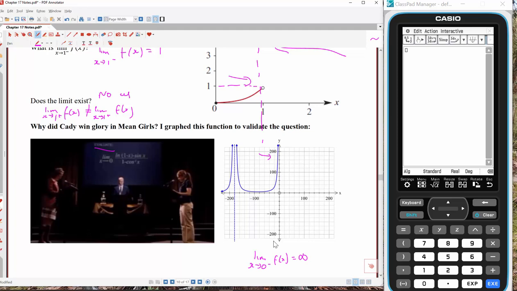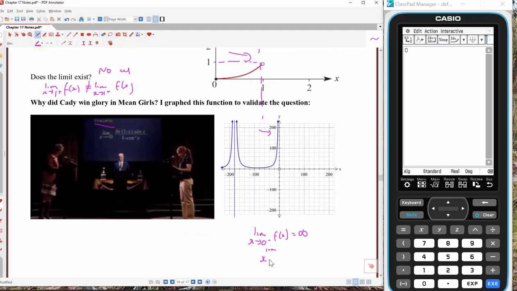Over here, the limit as x approaches 0 from the right-hand side for the function is, well, there aren't any values over here. It doesn't exist, so this does not make sense.